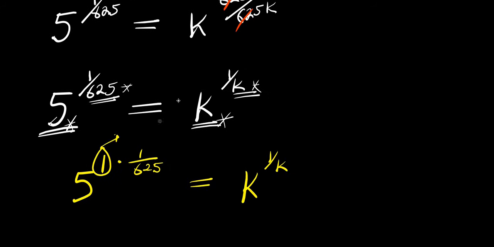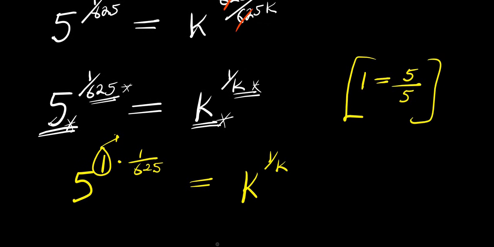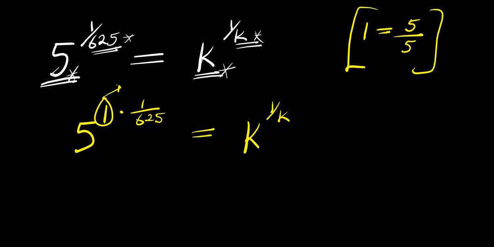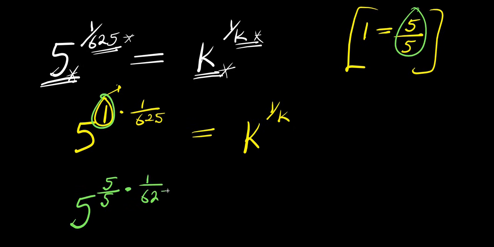This 1 we have here, I can express as 5 divided by 5. Of course, 5 divided by 5 is 1. So I'm going to replace the 1 with 5 divided by 5. So I'm going to have 5 raised to the power of 1, and this one is 5 divided by 5, times 1 over 625, equals k to the power of 1 over k.